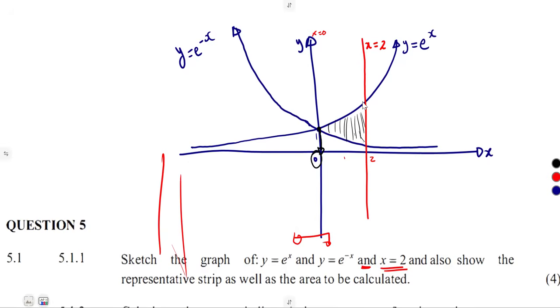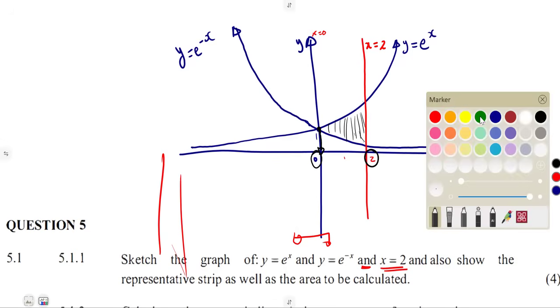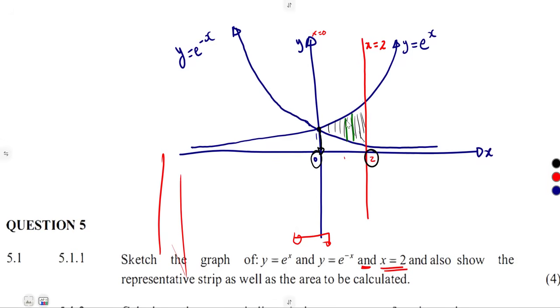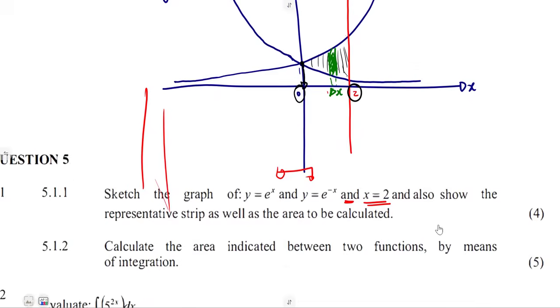That's a 0. There also we've got x is equal to 2. So our limits are for x. Therefore, the representative strip must be for x. Okay? So that is the sketch and the representative strip.